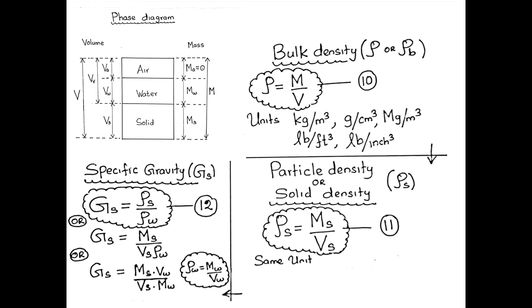Bulk density, notation rho B. Bulk density rho is equal to total mass over total volume. Equation number 10.